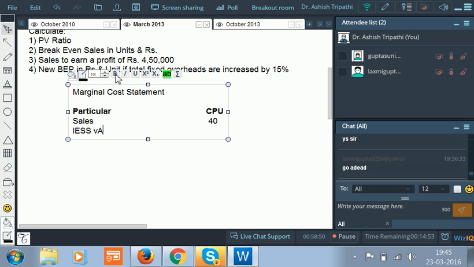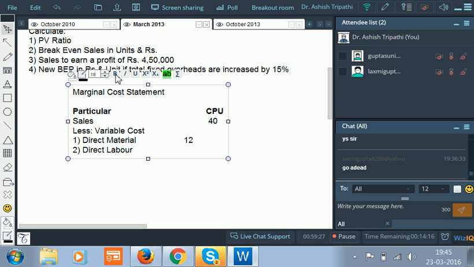So selling price per unit is 40. Less variable cost. In that first we will take direct material. Direct material, you can see in the question, is 12.